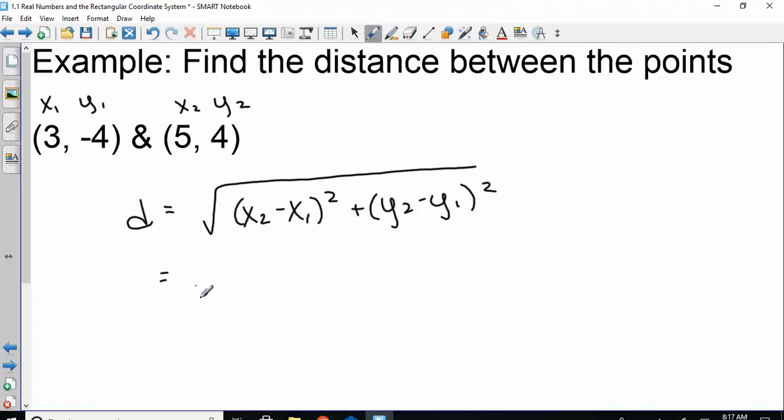We're just going to plug in our numbers. x sub 2 is 5 minus x sub 1 is 3, squared. y sub 2 is 4 minus y sub 1 is negative 4, squared.